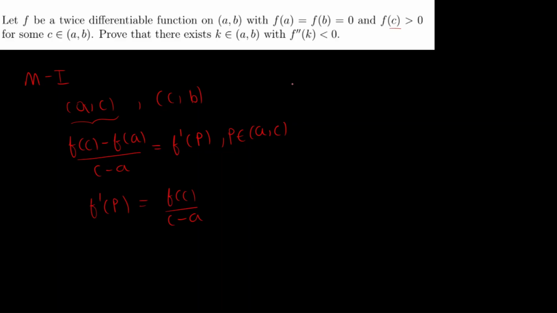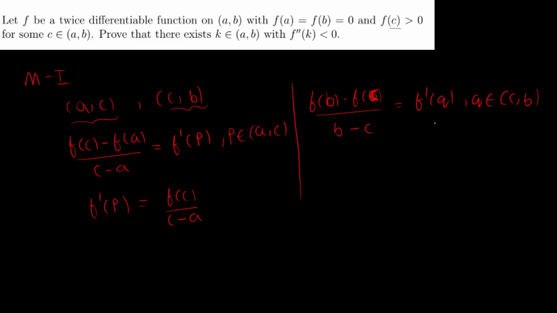Now similarly, if I apply LMVT on this interval, I get (f(b) - f(c)) / (b - c) is equal to, let's say, f'(q), where q belongs to (c, b). Now f'(q) is nothing but minus f(c) by (b - c).